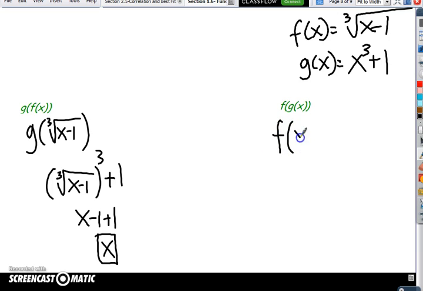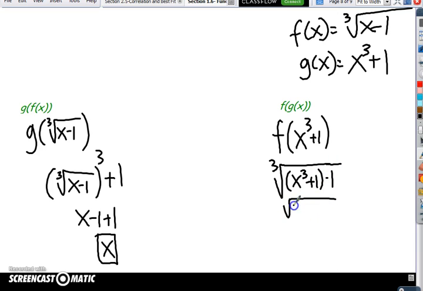Alright, so f of g of x. Now, what's my g function? x to the third plus 1. So everywhere in my f function that I saw the variable x, I'm going to take that out and replace it with this. Alright, so that's just going to be the cube root of x to the third plus 1 minus 1.